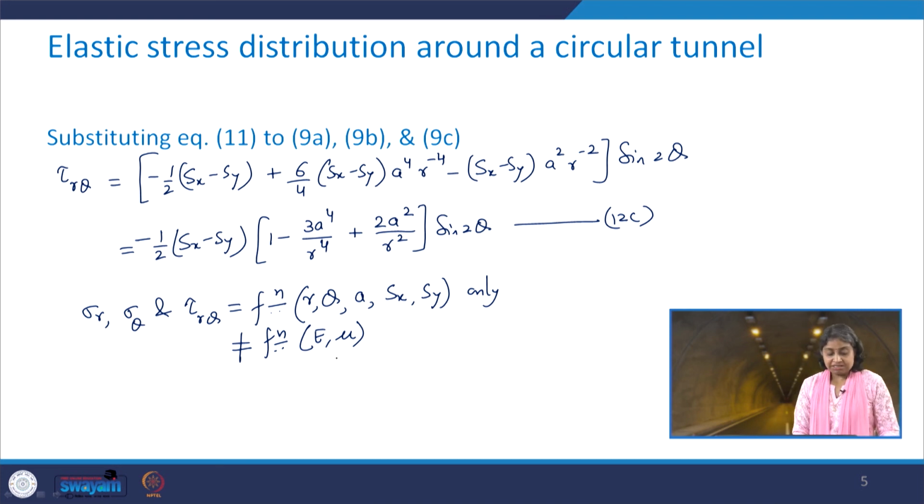So, what does this mean? That these stresses are independent of the elastic properties of the medium, that is what it shows mathematically. But what happens is, it is not that these stresses are independent of the material properties, they come into the picture in an indirect fashion.